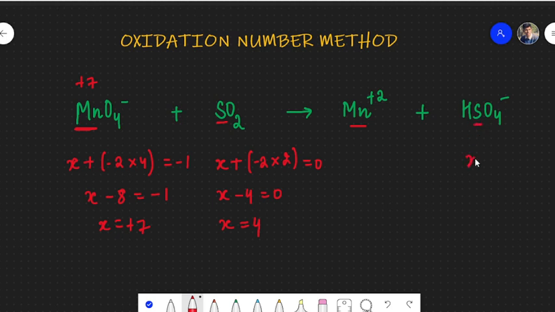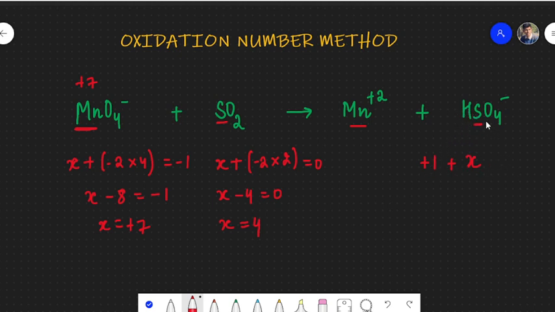So sulfur is x, and the hydrogen which is adjacent to this sulfur is +1, because hydrogen shows two oxidation states, +1 and -1. It depends on which kind of element it is combining or reacting with. Here sulfur is a non-metal, so hydrogen is going to behave as a metal.